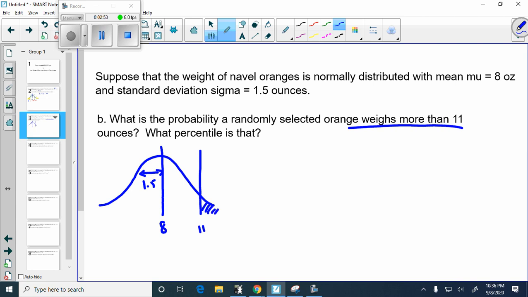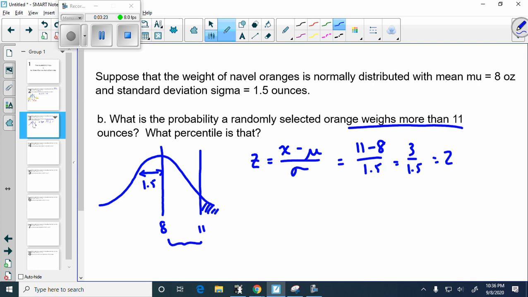You can probably tell that this distance right here is 3, which is 2 standard deviations. But let me remind you of how this standardization works. My z is going to be, in generic form first, x minus mu over sigma, or in other words, 11 minus 8 over 1.5.